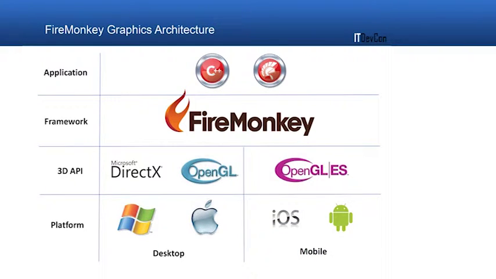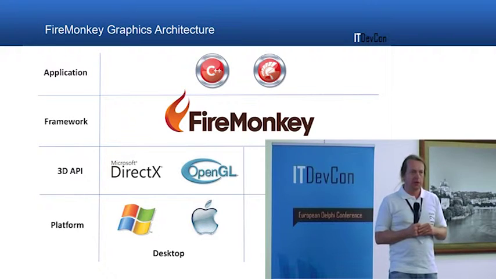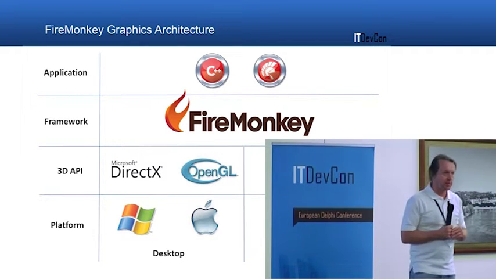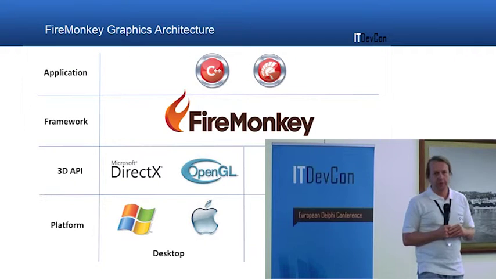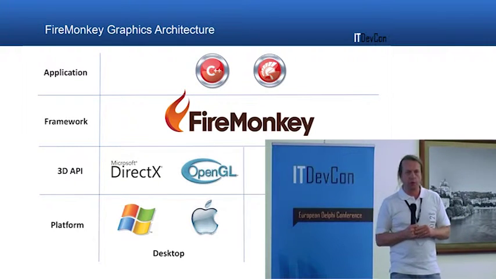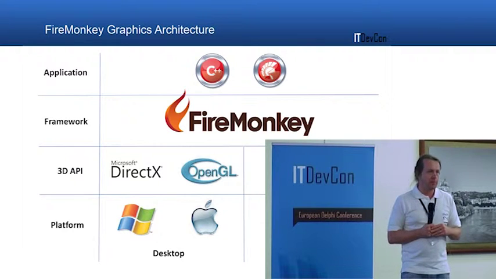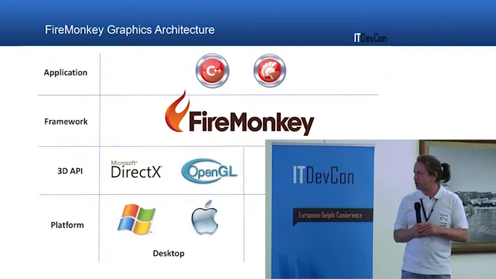This is really a great thing in terms of productivity, because normally when you want to create graphics applications, you have to be quite fluent with different APIs. For example, when you create an OpenGL application, it's quite involved in terms of mathematics. You have to write different shader programs, so it's not that easy.